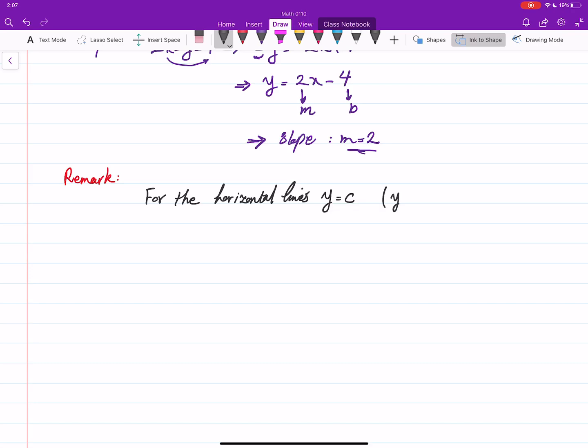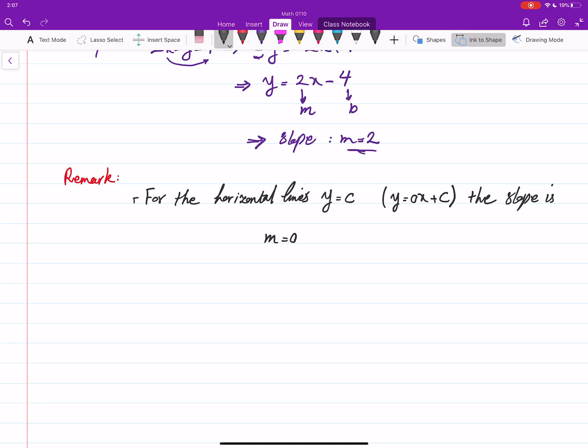In other words, y is equal to 0 times x plus c. The slope then is 0. The lines with slope 0 are the horizontal lines.